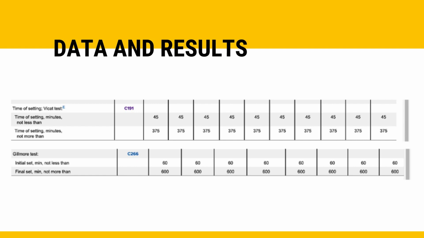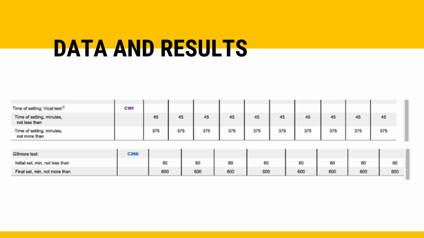Wherein for the thin needle in the Vicat apparatus, we got values of 46 minutes for its initial time setting and 181 minutes for its final time setting. And for the thick needle, the initial time setting is the same, which is 46 minutes, and a final setting of 136 minutes. Thereby, both types of needle met the standard.